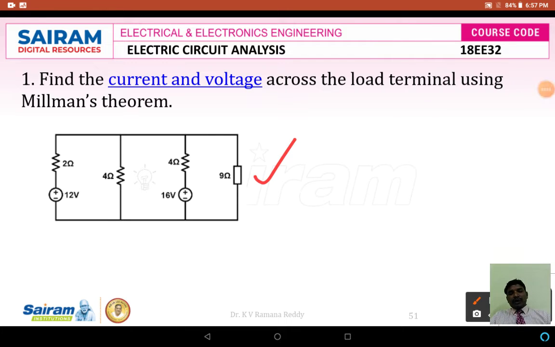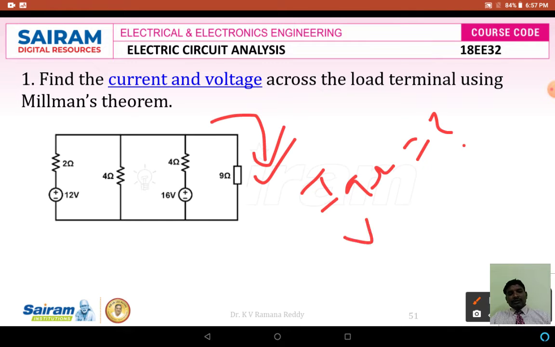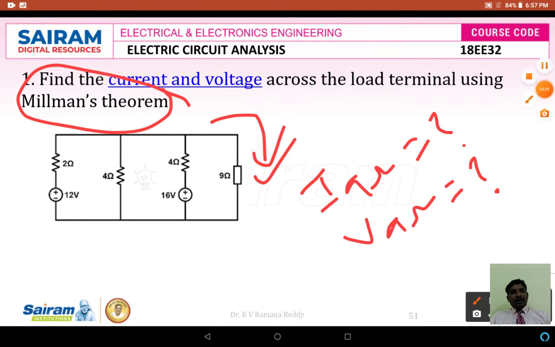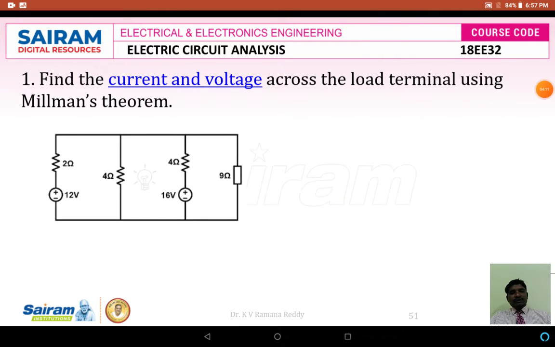So I want to calculate the current flowing through this 9 ohm resistor and the voltage across this 9 ohm resistor, that too by using Millman's theorem.